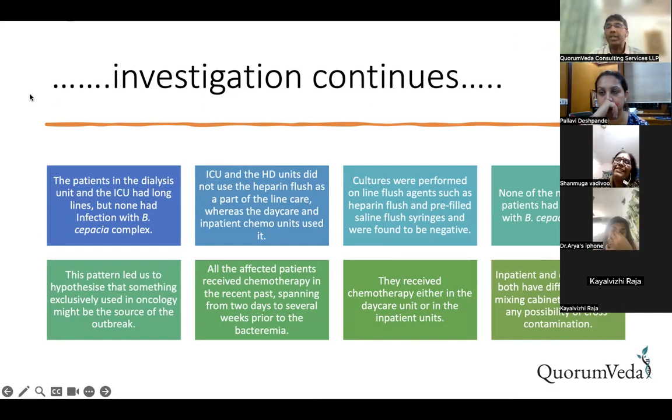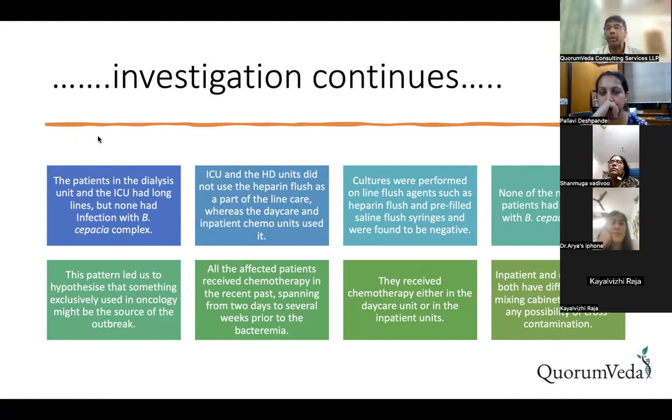None of the non-oncology patients had an infection with B cepacia; only oncology patients had bacteremia. This pattern led us to hypothesize that something exclusively used in oncology might be the source of the outbreak. All the affected patients received chemotherapy in the recent past, spanning from days to several weeks prior to bacteremia. They received chemotherapy in either the daycare or the inpatient area.